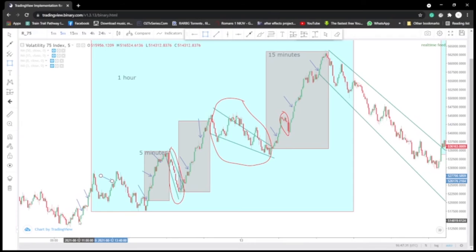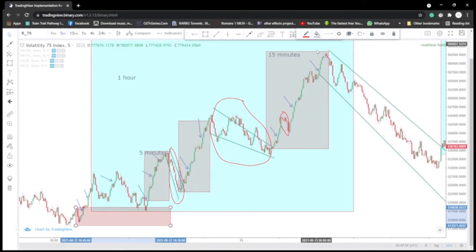Because I'm trading supply and demand, this is what I would do. You understand, guys? This is what I would do. Let me change color for this here. Yeah, let me change color to brown.